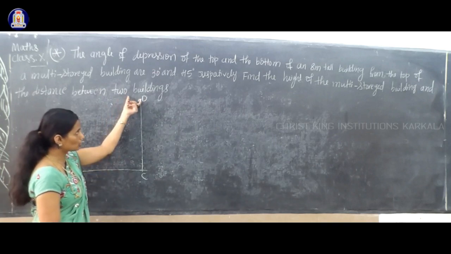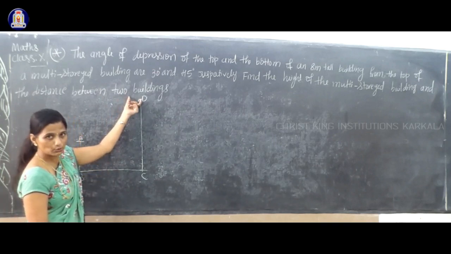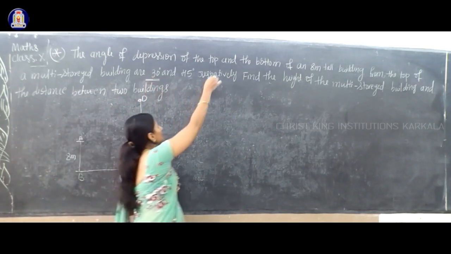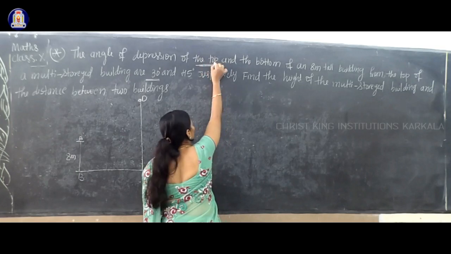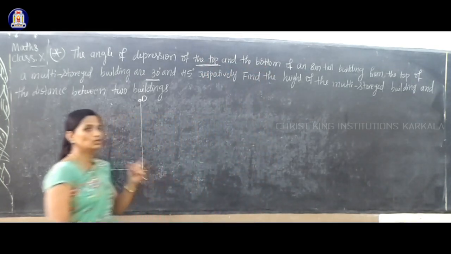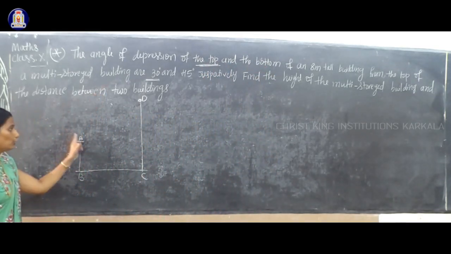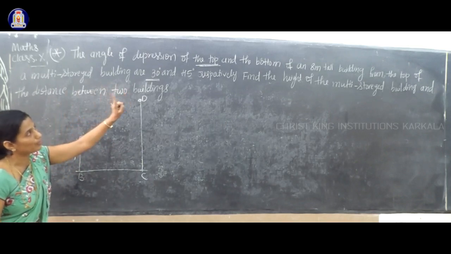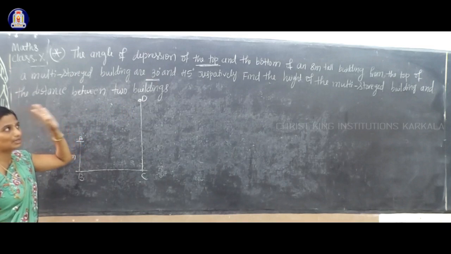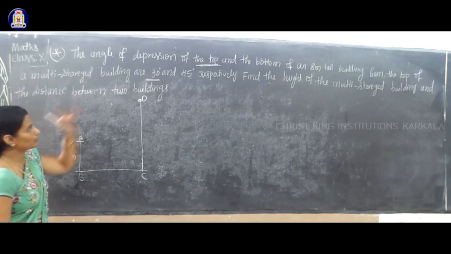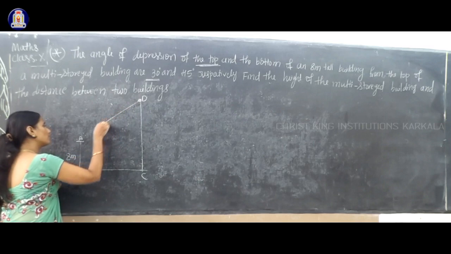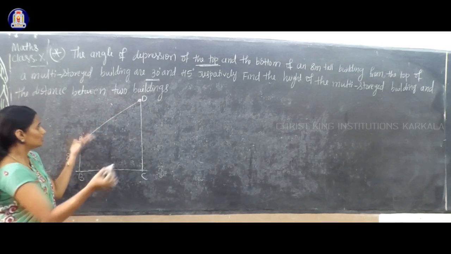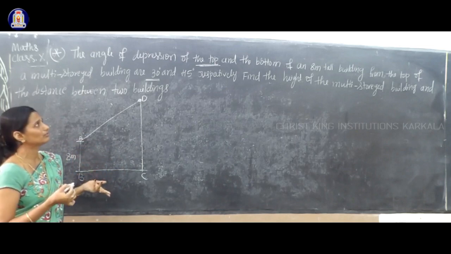First one is for top because here it is given from top and next is bottom. So you should write according to that. Don't interchange. The top angle is 30 degree and the bottom angle is 45 degree. Be careful while writing. So from the top to the top of the building, the angle of depression is 30 degree.